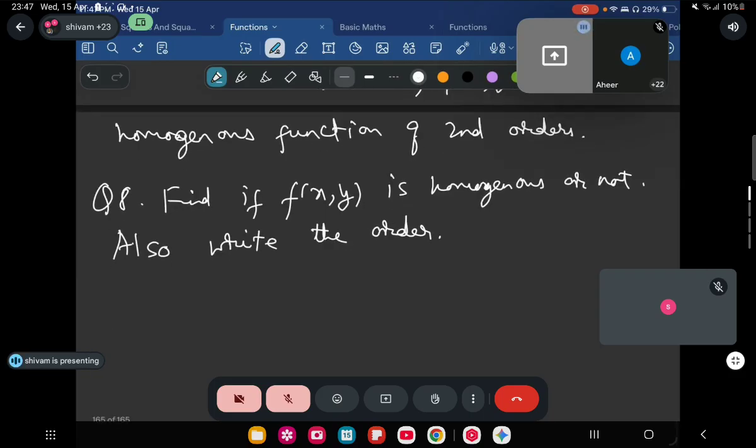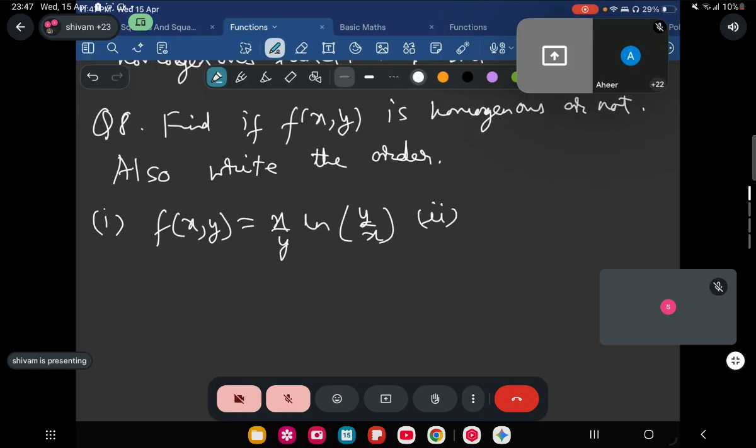Number 1, f of x comma y is equal to x by y ln y by x. Number 2, f of x comma y is equal to x plus y into cos of y by x.